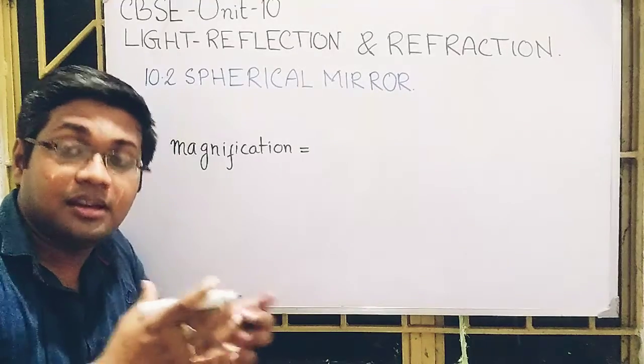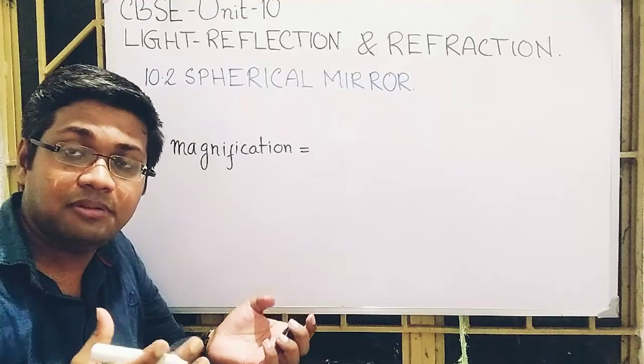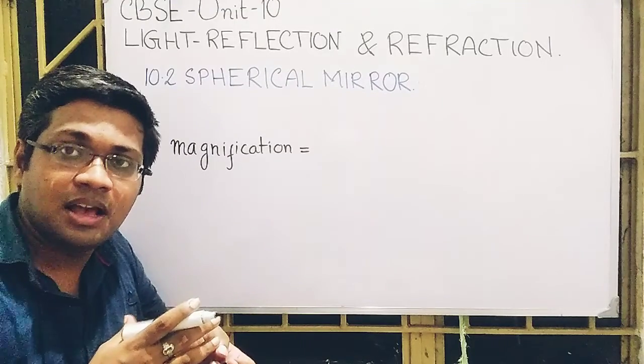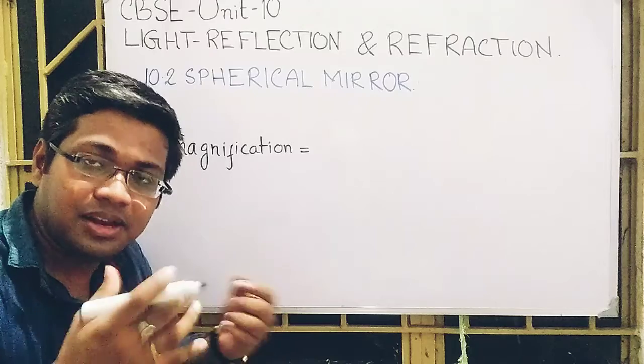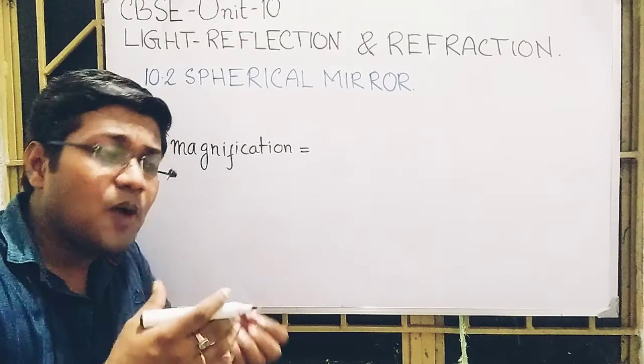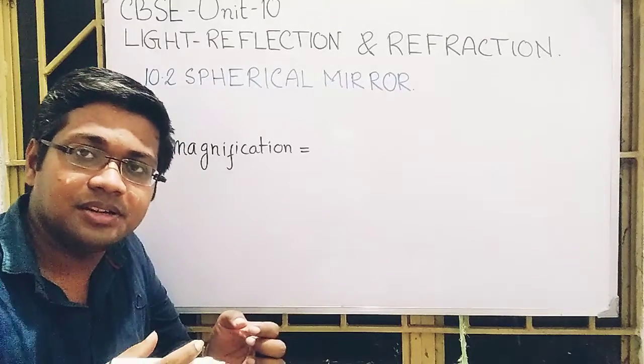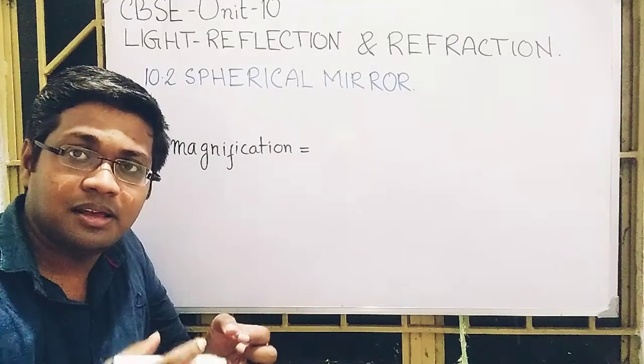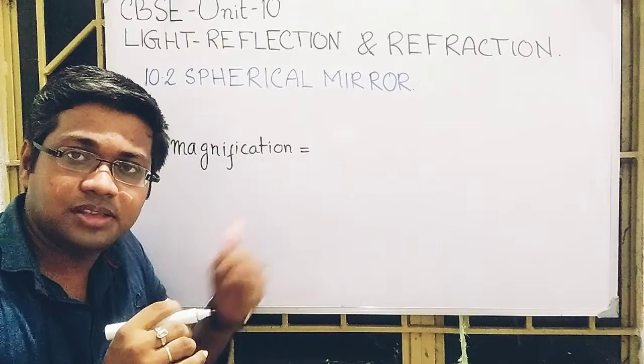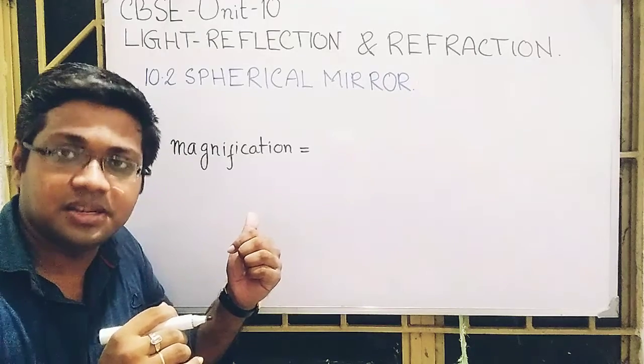Can we get a large image or a short image? By how many times will the image size be that of the object? These things can be found out from this quantity, magnification.